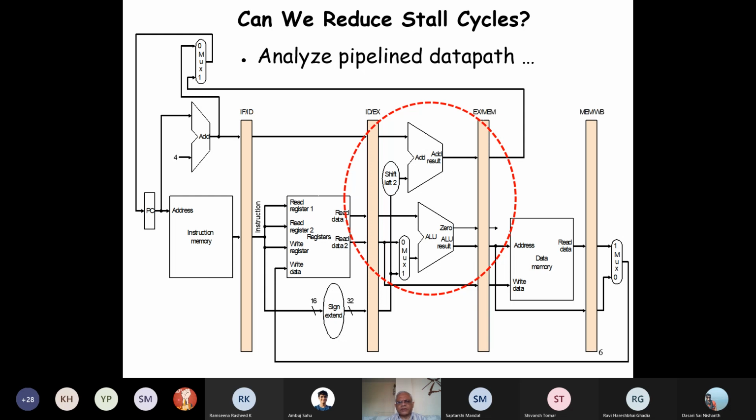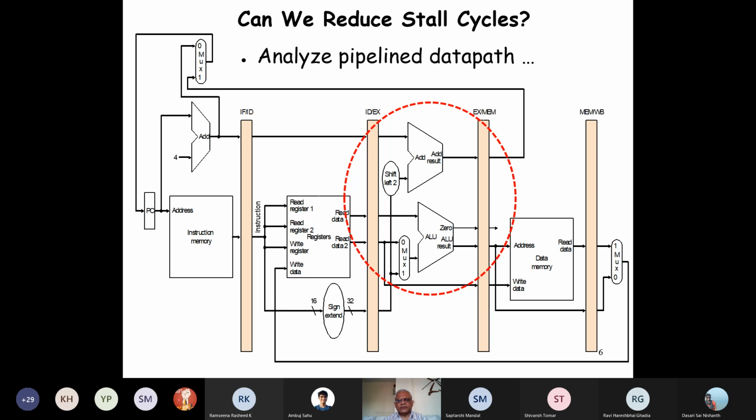It's not a problem, because after sign extend, we should be able to shift left and add. That we can do here in the second stage. But the comparison for the branch condition would require us to wait for the ALU. If we can somehow afford another ALU in the second stage, then we can reduce the branch delay by 1 cycle.